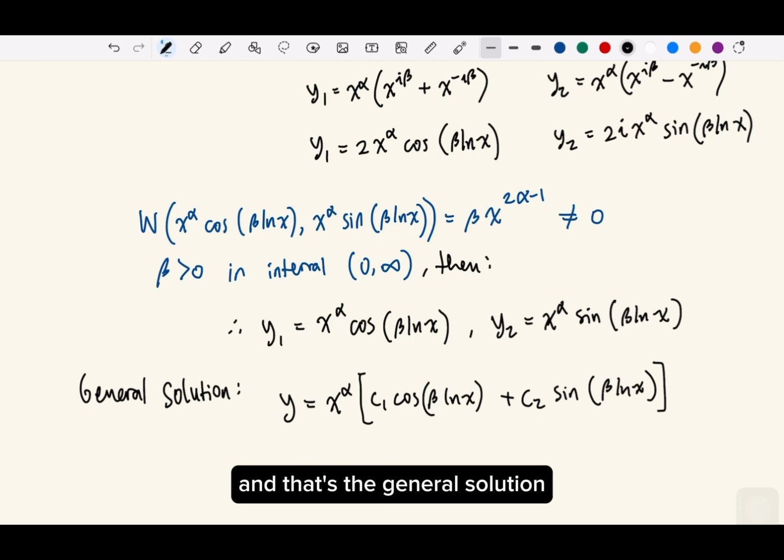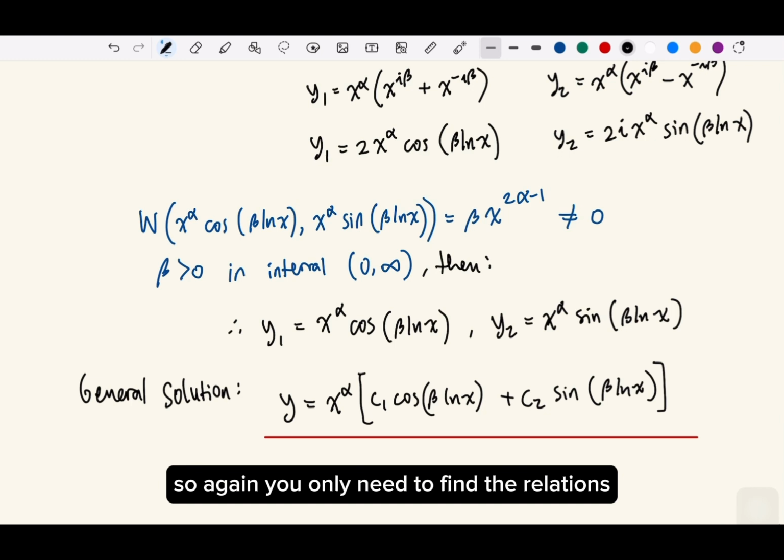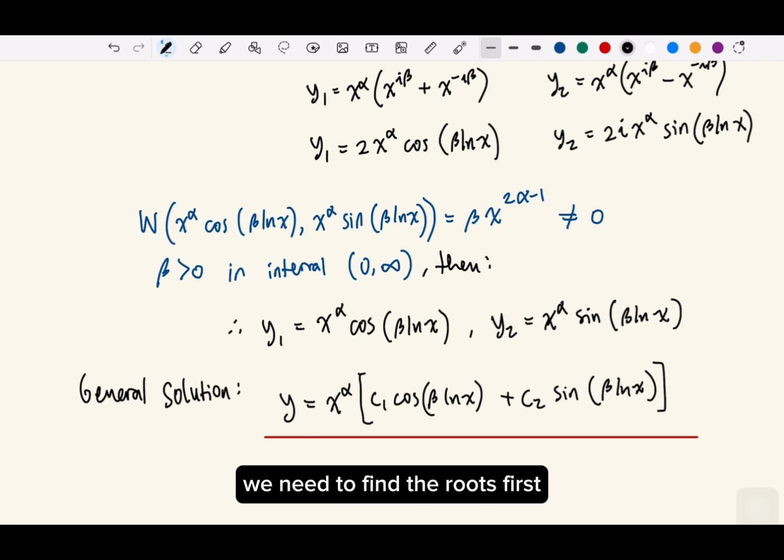Okay, that's the general solution. So again, you only need to find alpha and beta from the differential equation. And how do we get alpha and beta? We need to find the roots first, the roots from the auxiliary equation.